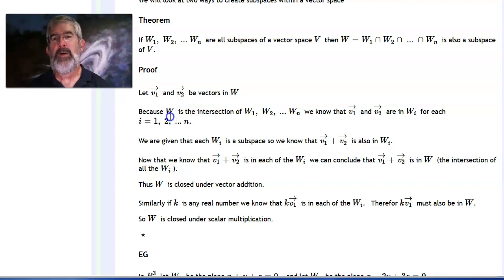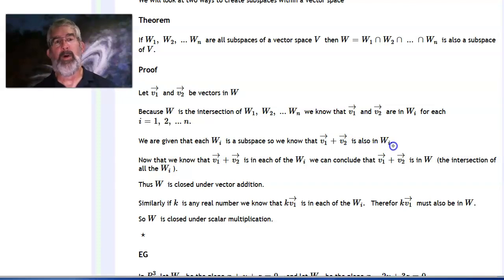Because W is the intersection of all of these W1, W2 up to Wn, we know that V1 and V2 are in each one of those Wi's. We're given that each one of those Wi's is a subspace, so it's closed under addition. So V1 plus V2 also has to be in each one of the Wi's.